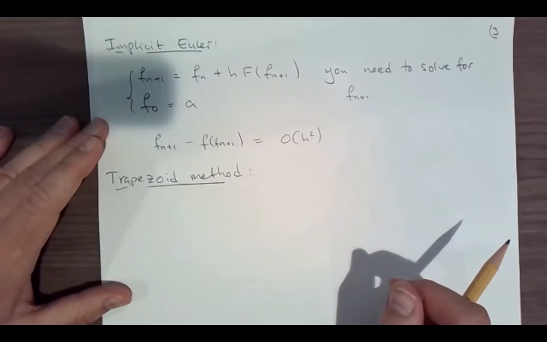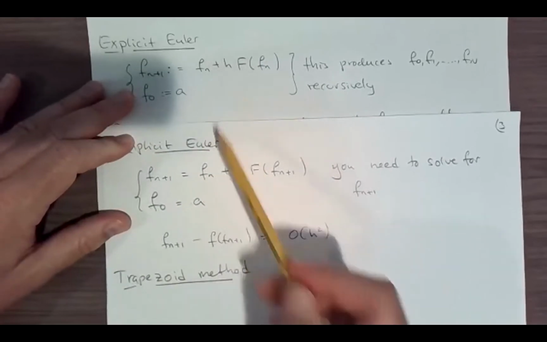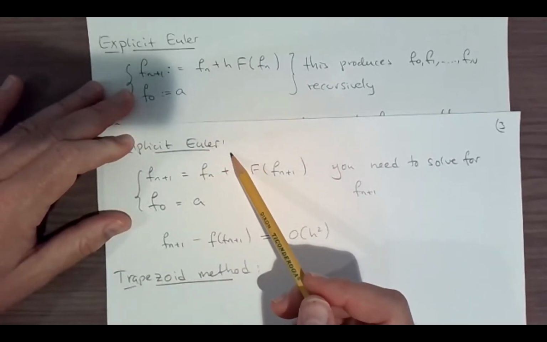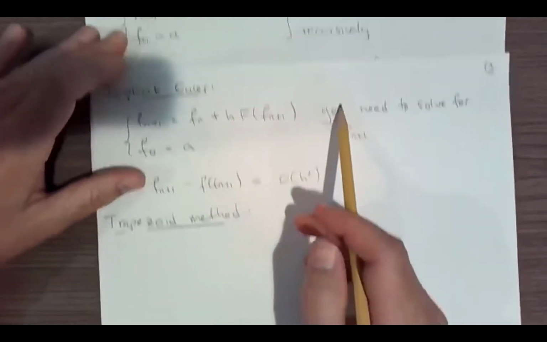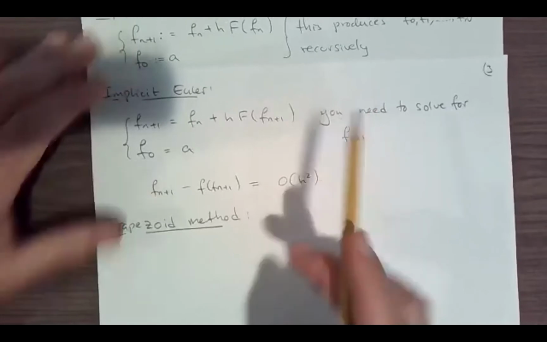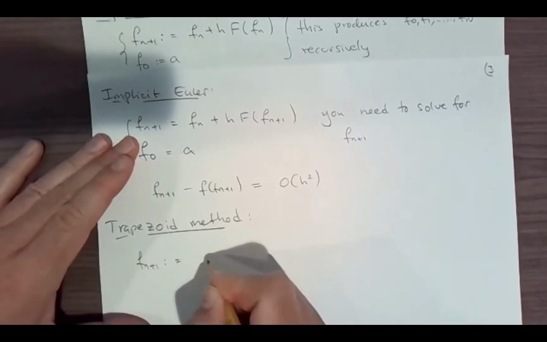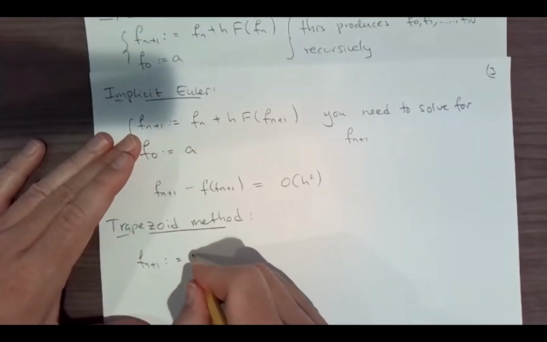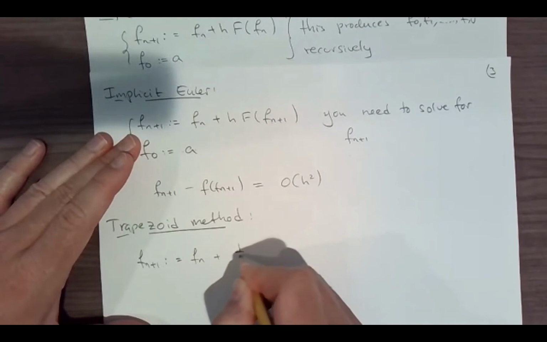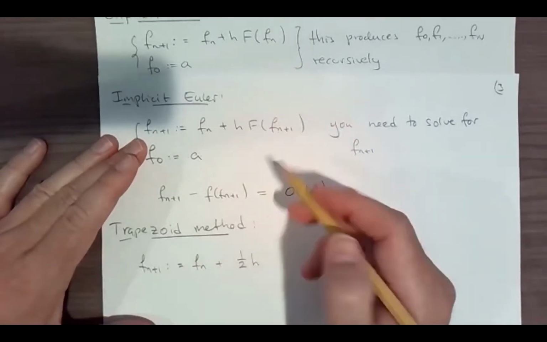The trapezoid method says you take a mixture of the implicit and the explicit. More specifically, you take half of this one and half of this one, and then you add them together. So the trapezoid says you take Fn, and you take Fn plus 1, and then you get a half here, the mixture of these two.